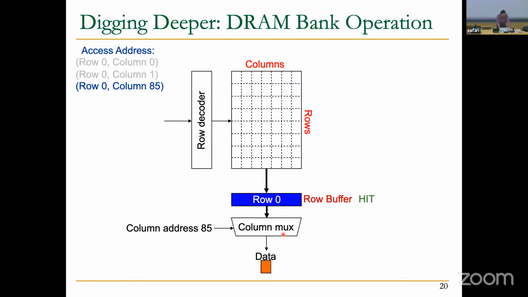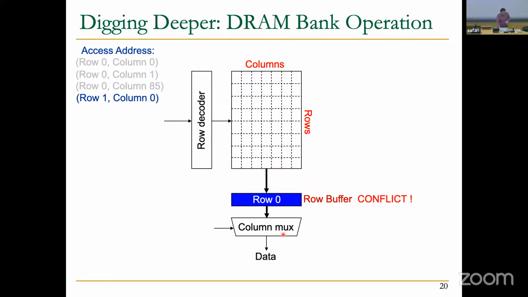Now, what happens when you want to access another row? To keep it simple, I will just say that you have to reset the state of the array to an initial state that will allow you to retrieve a row of data to the sense amplifiers, and that takes time. This access is called a row buffer conflict because you have to bring another row to the row buffer.